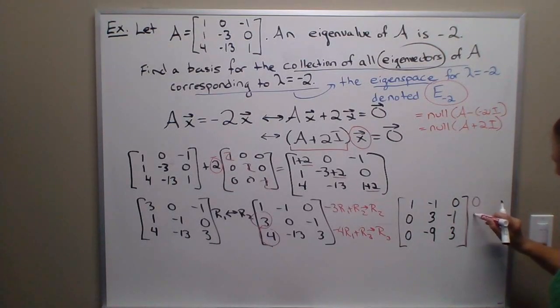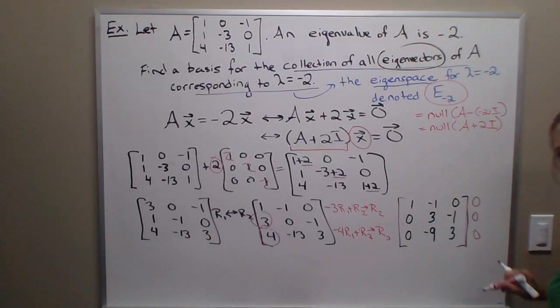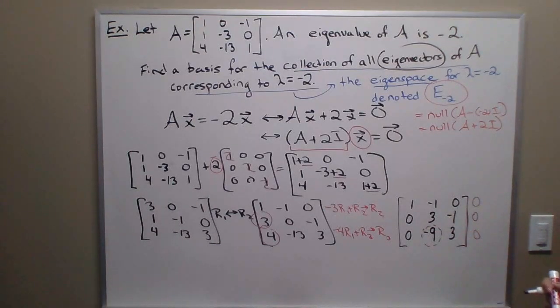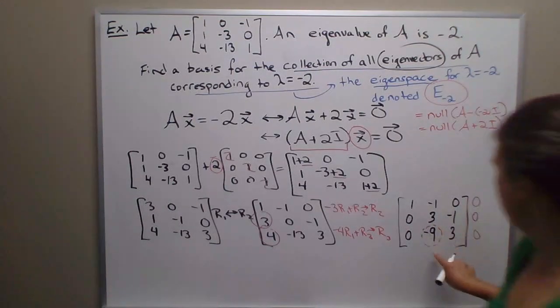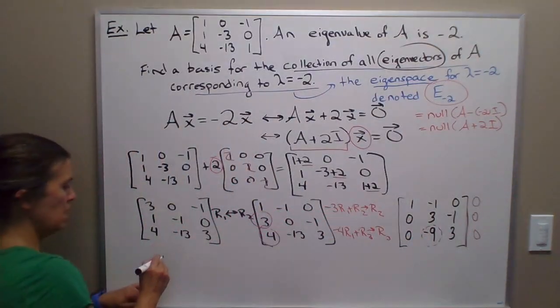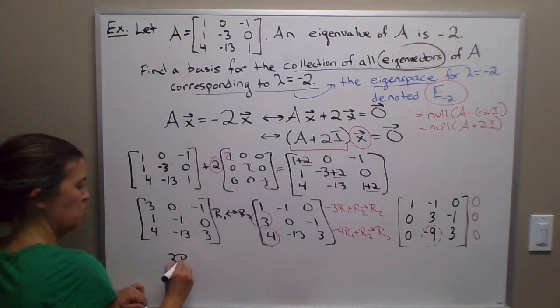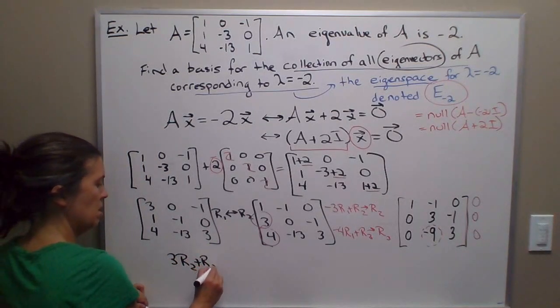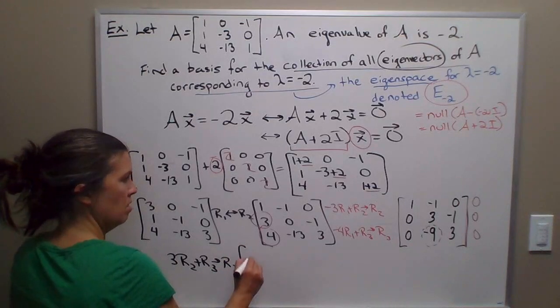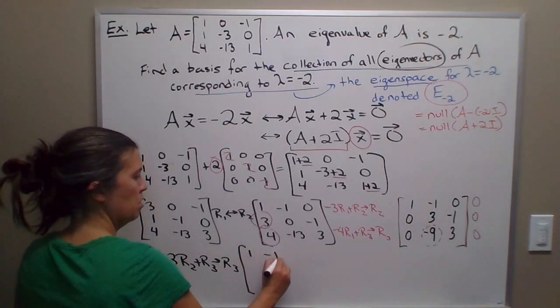Remember what the real mission is, to solve this system where we've got Ax equals 0. I do need to zero out this entry here. I'm going to focus on that because I can do that fairly easily if I do 3 times row 2 plus row 3. Make that the new row 3. See if I can get to something usable here.